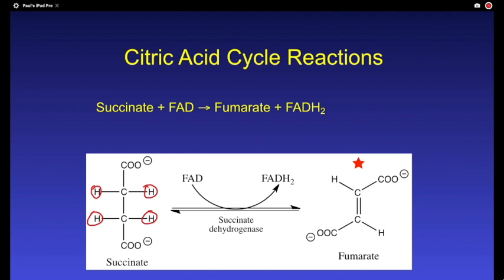So if I was ever numbering them, 1, 2, 3, 4, right here, 50% of the time this would be 1, and 50% that would be 4. This would be 50% 1 and 50% 4. This would be a 2 and a 3. This would be a 2 and a 3, 50% of the time. All right? Mechanistically, and this is the last one we will do, I will take any one of those, fall down, and the hydride is accepted. And I get fumarate again, which is still symmetrical.